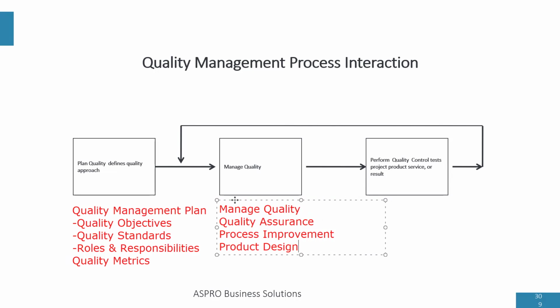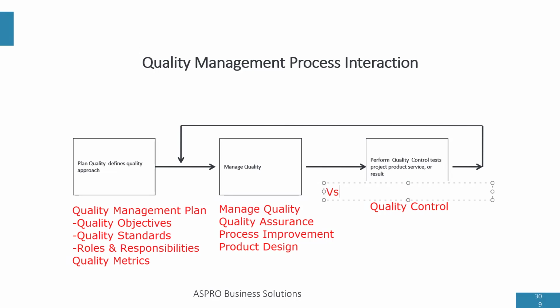And then the final process focuses on quality control. So we have quality assurance and we have quality control. And the question is, what's the difference between them? As we go into the course, we're going to look at the difference between quality assurance and quality control.